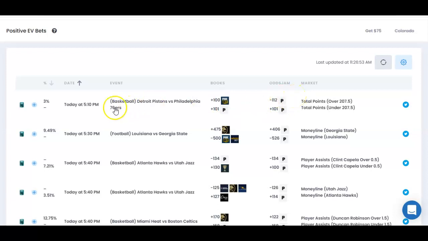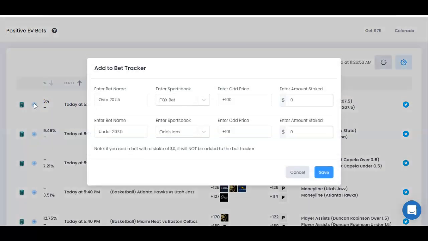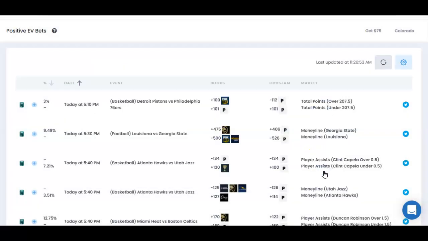We like that edge. So we're going to go ahead and add this 207.5. You can see you go to the bet tracker. It helps you keep track of your bet, the sportsbook location, and the game itself, and we're going to put in 100 on that. This will add it to our bet tracker for another game today that we'll put in with the Oddsjam betting tool.